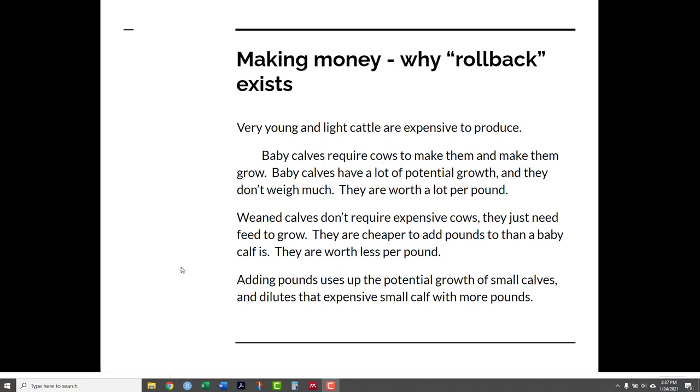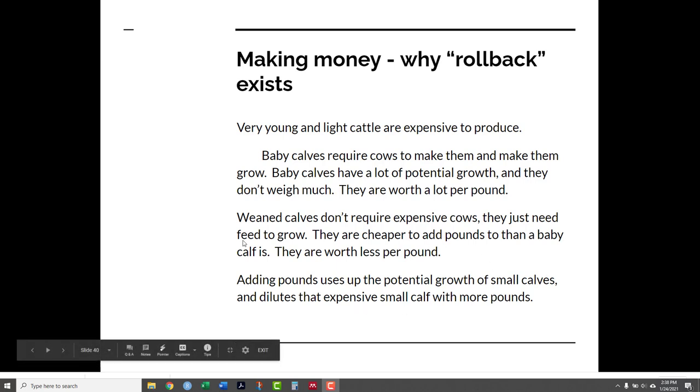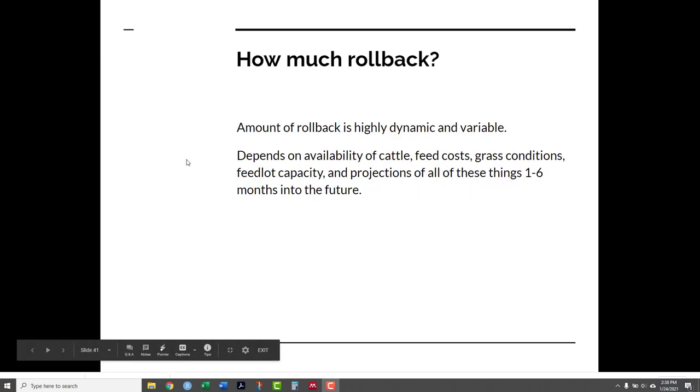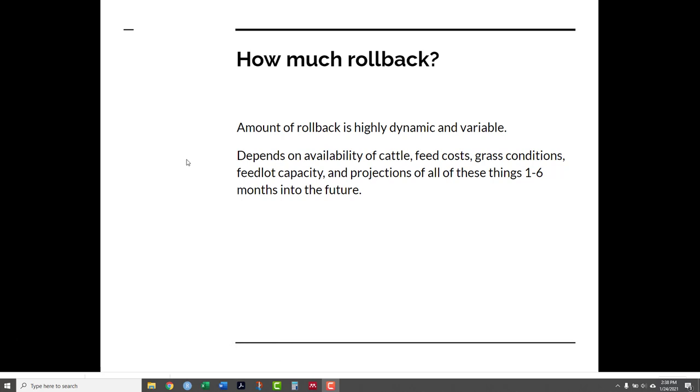So you can think like it's expensive and valuable to create the calf in the first place, but then it's cheaper to add pounds to that calf once he's already created, right? So that's kind of the reason that you see rollback happen in the cattle market.